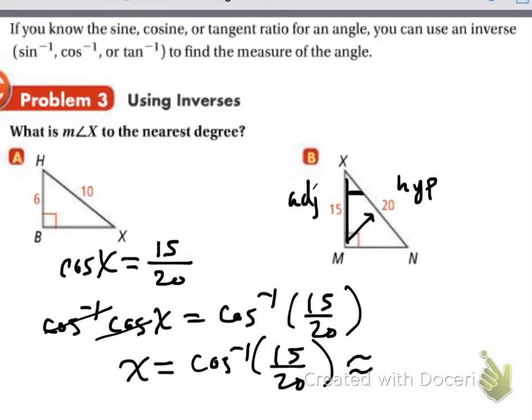And that's going to be approximately, type in the inverse cosine of 15 divided by 20, approximately 41 degrees. So this angle right here, angle x, is approximately 41 degrees.